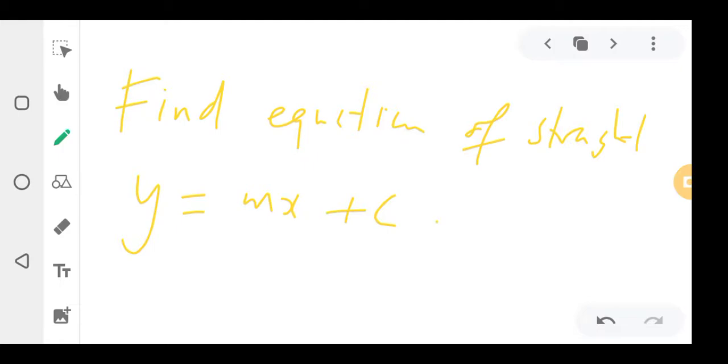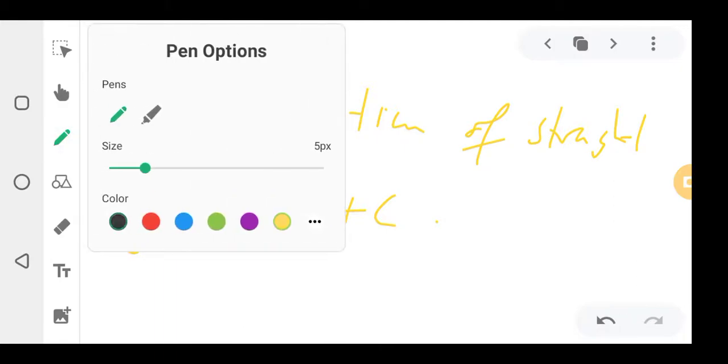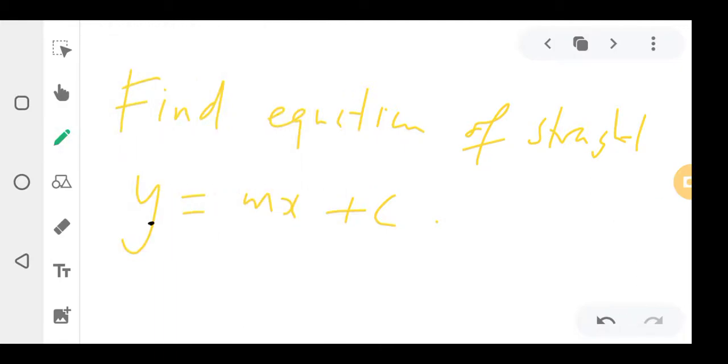So, in the final equation, you don't substitute y and you don't substitute x. Okay? You don't substitute them. They remain unchanged. In the last stage, you don't substitute. So, I'll put y is equal to, I don't substitute m. M is the one that we calculated. So, 1x plus, what is c?